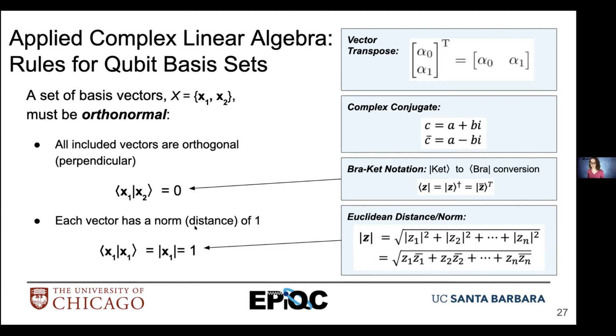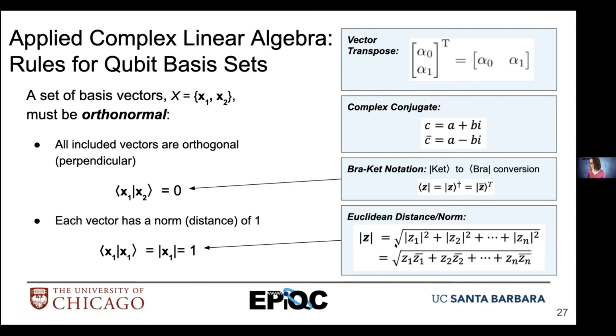We have a 100% chance that we're going to be either in ket 0 or ket 1. So we take the inner product here, and that is going to be equivalent to the magnitude of a particular vector. So we want to make sure that the absolute value is equal to 1.